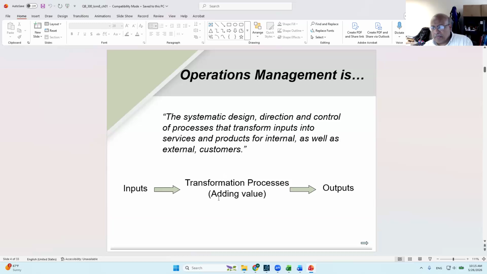And this transformation process is not just putting those transistors together, but the logic within those transistors, and the output value that it can create for those big companies like Microsoft and Google is enormous. And that is the operations management that they are doing within this transformation process. They created that value. What is the difference in the value between input and output?